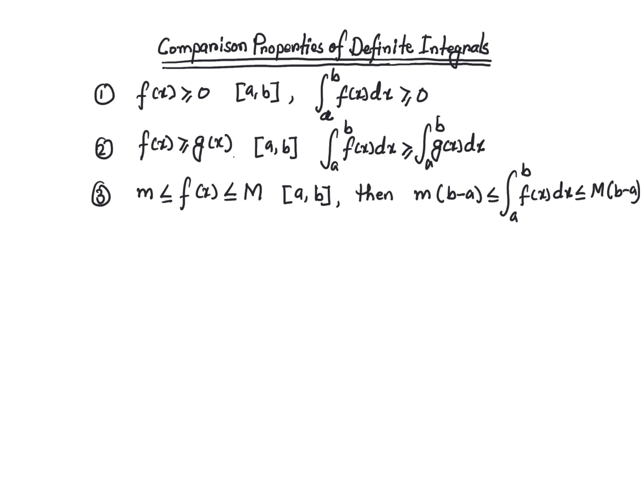I can take the integral of all sides with respect to x. Integral of m dx is less than or equal to the integral of f of x dx, which is less than or equal to the integral of uppercase M dx, and all of these integrals are from a to b.